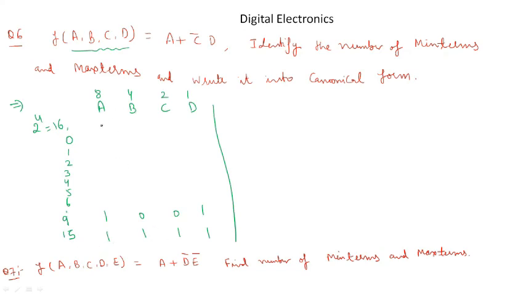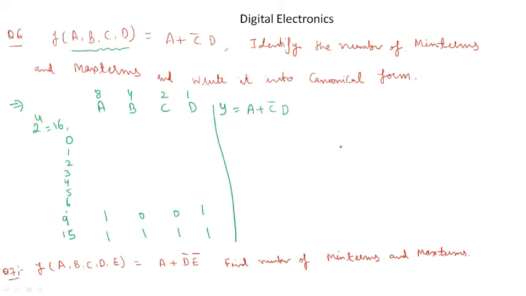So we can write all these input variables the way I have done this. Now our output is A plus C bar D. Selecting the input variables, we will find the outputs, and as we have done in the earlier problem, we can do this problem similarly, and you must also try to write it in its canonical form.